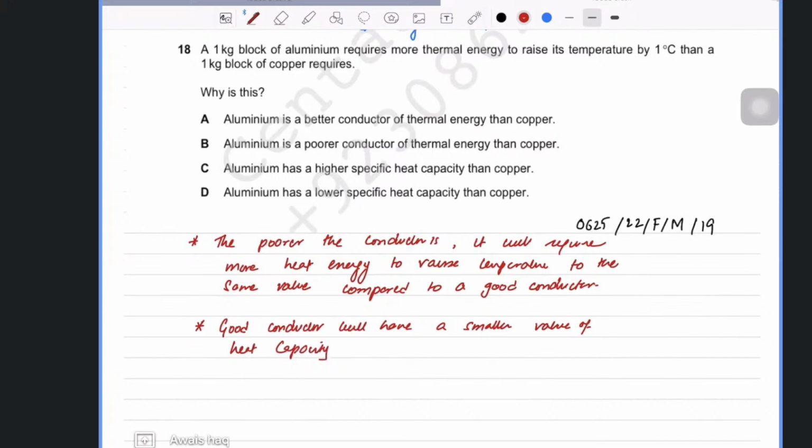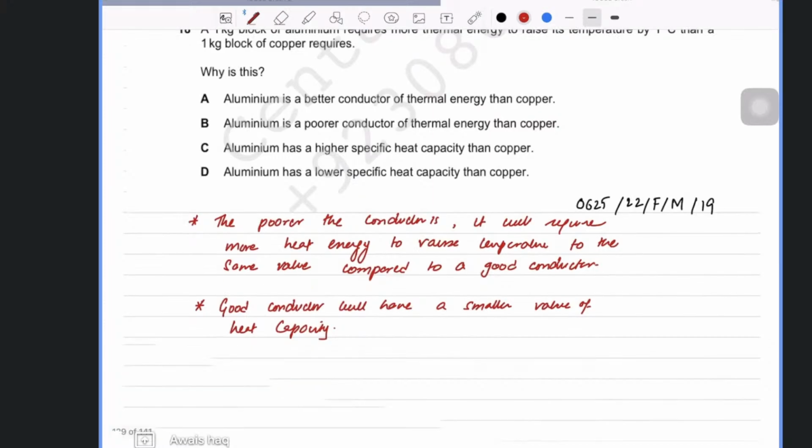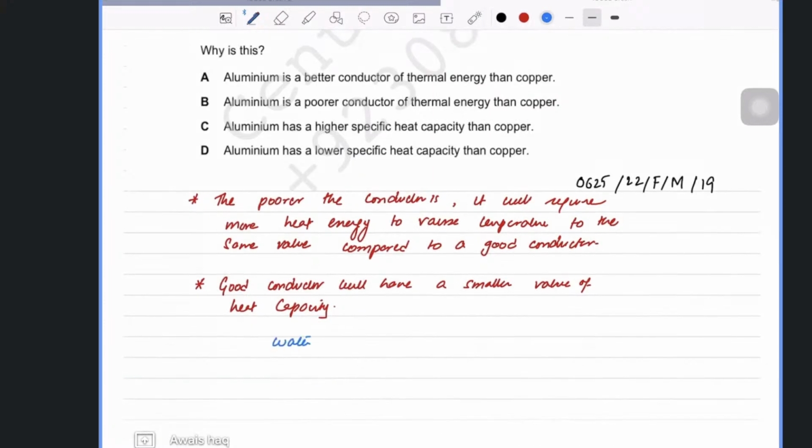So I'm just going to compare two things first. If we talk about water and copper: copper is a good conductor, water is basically not so good a heat conductor.